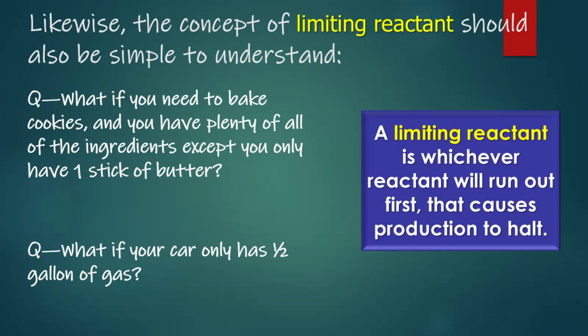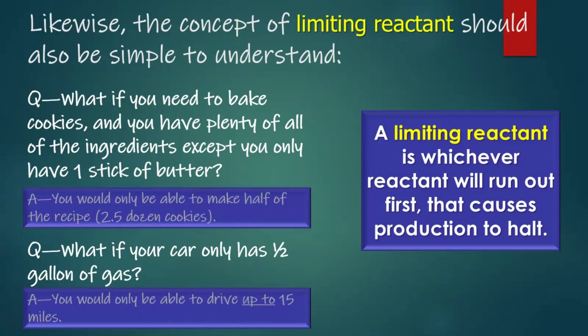And if a car has only half a gallon of gas, then you could only get up to half of however much the gas mileage is. So if it could get 30 miles to the gallon, it could probably get up to 15 miles with half a gallon. So the limiting reactant is just whichever ingredient will run out first and cause production to stop.